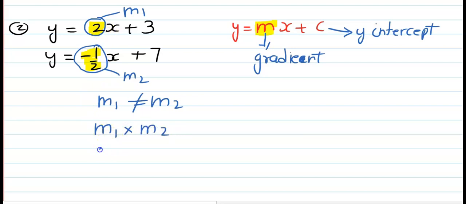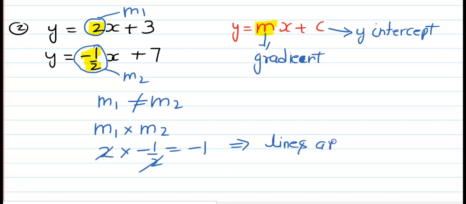Let's see. m1 is 2, m2 is minus half, so the 2 on top cancels with the 2 on the bottom, and we get -1. So this shows the lines are perpendicular. Now I can show you one more question.